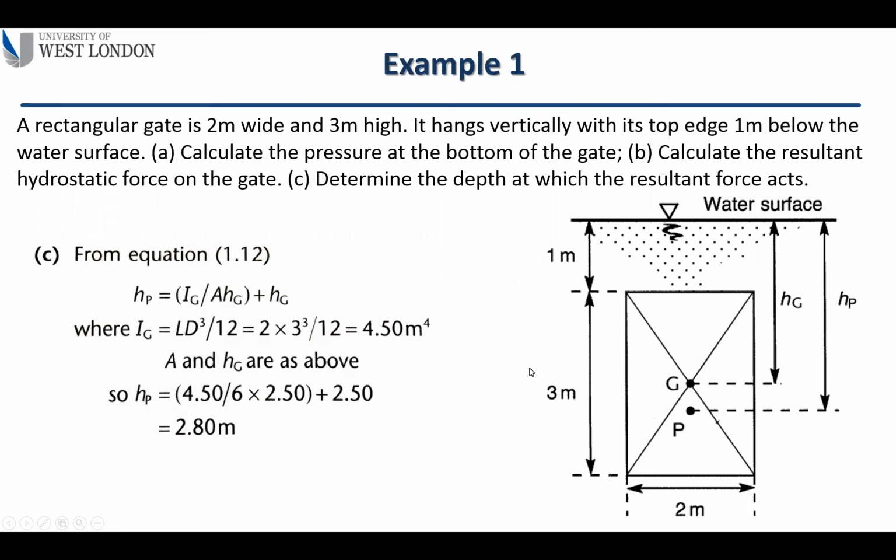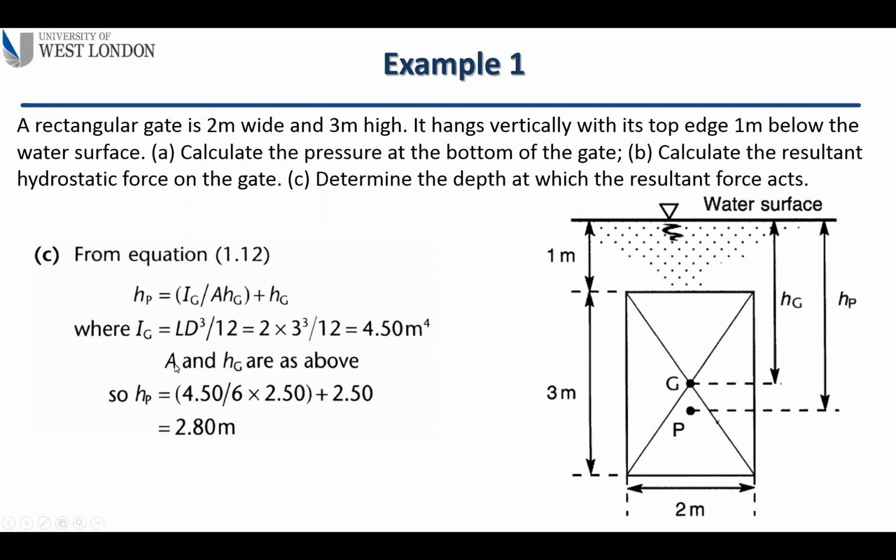L in this case is the width, and D is the height that it is turning. So 2 times 3 cubed, which is 27, divided by 12. It's going to be 4.5 meters to the fourth. Just bear in mind the unit is meters to the fourth.